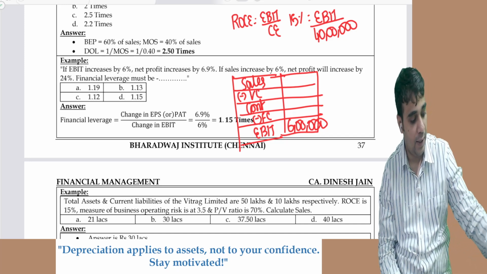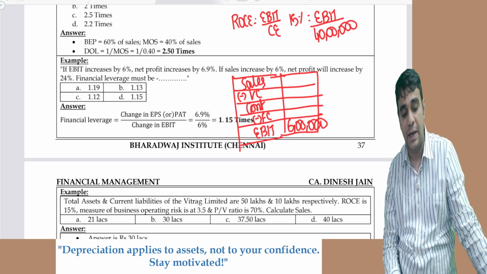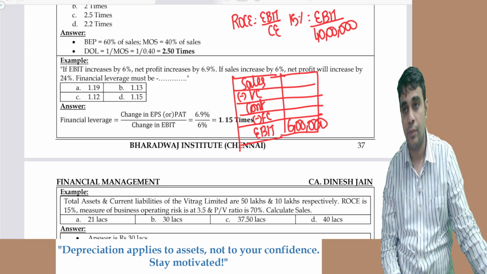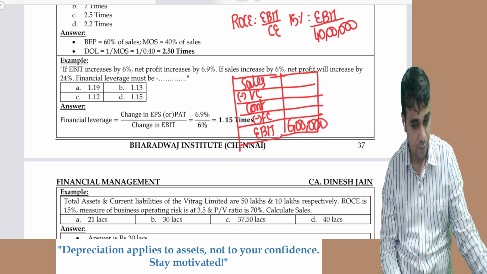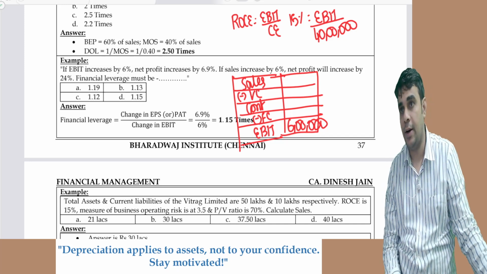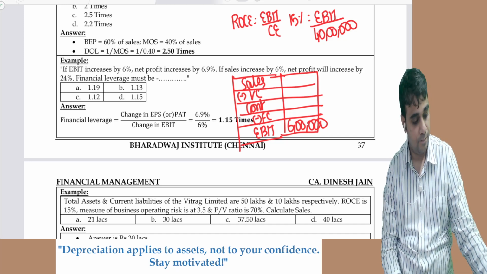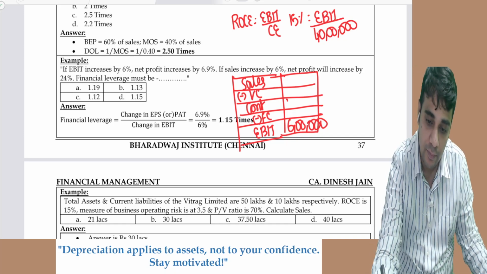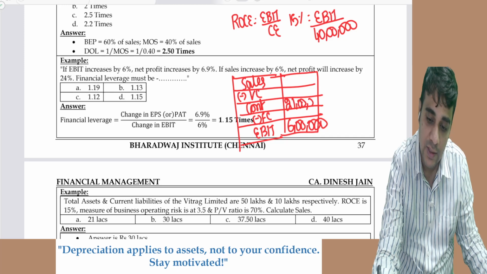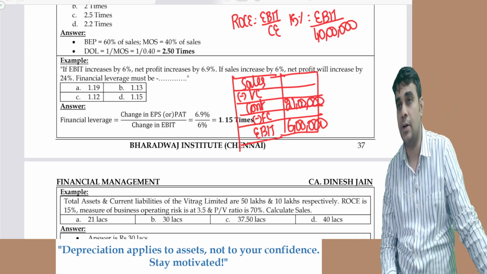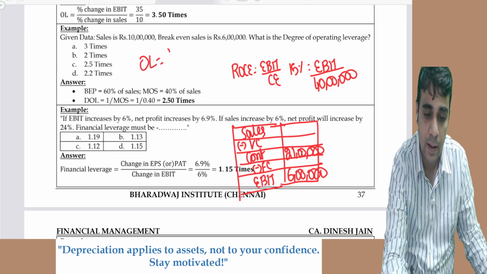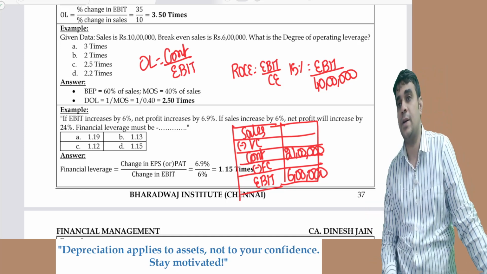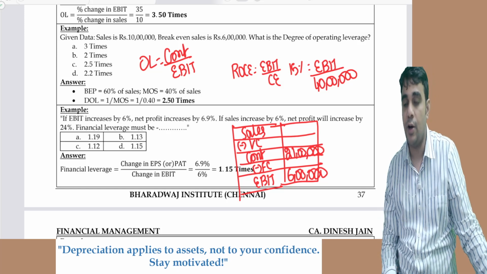OL equals contribution divided by EBIT. 3.5 is equal to contribution by 6 lakh, so contribution is 21 lakh, and this is 70% of sales, as PV ratio is 70%.